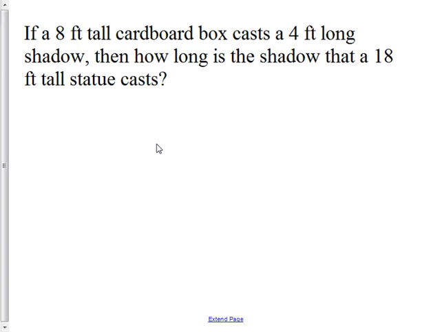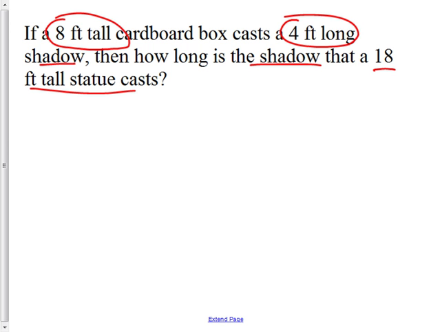If an 8-foot tall cardboard box, so it's 8 feet tall, casts a 4-foot long shadow, then how long is the shadow that 18-foot tall statue casts? Okay, so we need to say that we have an 8-foot tall.